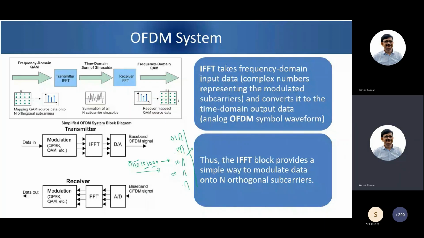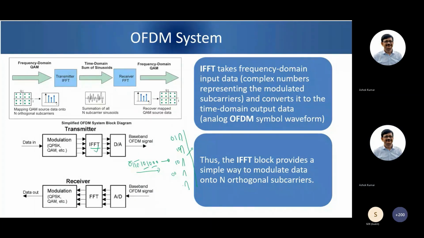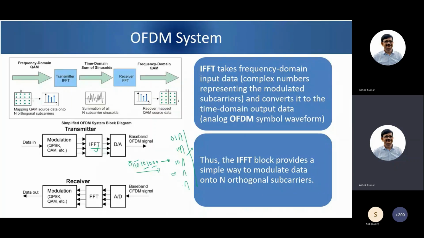That's a broad concept, but here, after the modulation into QAM, we do an operation called inverse fast Fourier transform. You might have heard of Fourier transform in your engineering college.